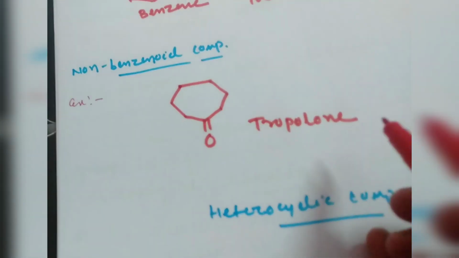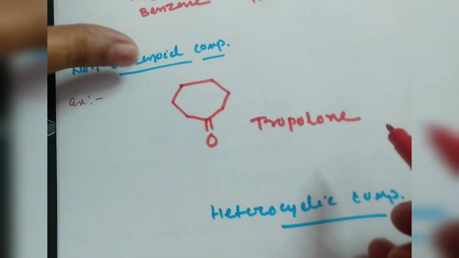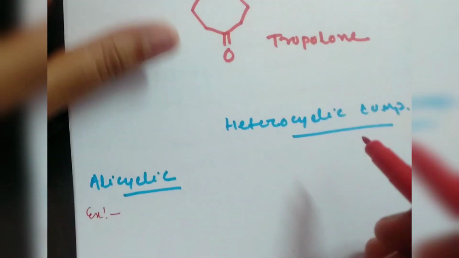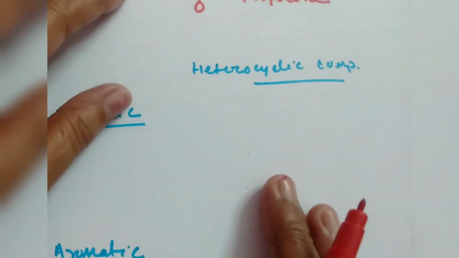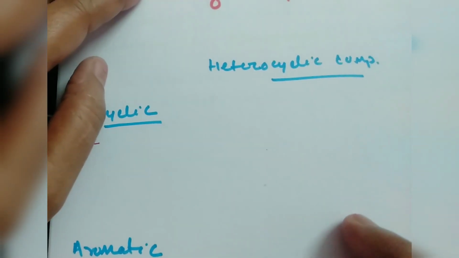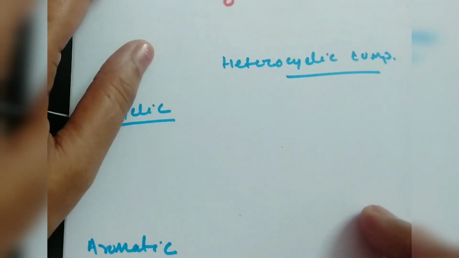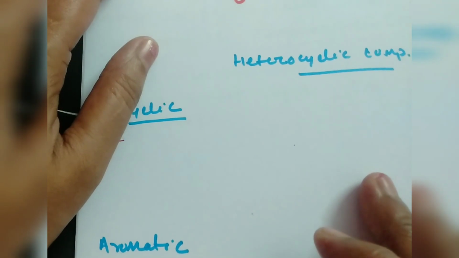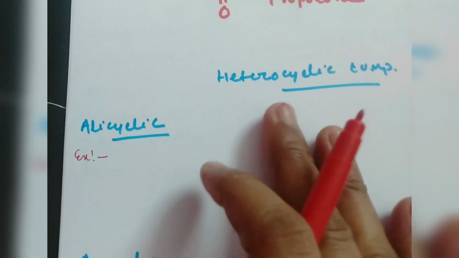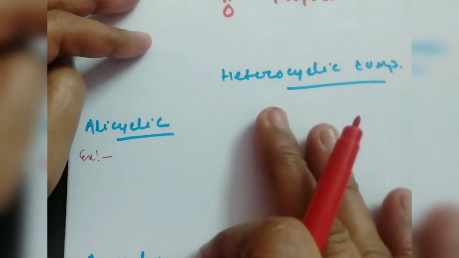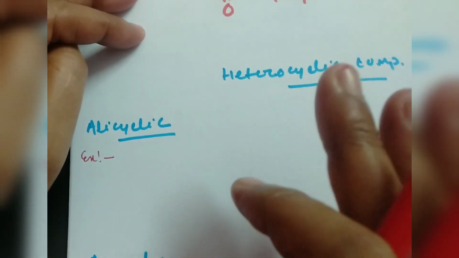This is a non-benzenoid compound. Similarly, other examples are also there. Now, heterocyclic compounds. Which compounds come under heterocyclic compounds? The compounds which are closed chain compounds having a heteroatom at one or more corners. Heteroatom means other than the carbon atom, that may be oxygen, sulfur, or nitrogen.